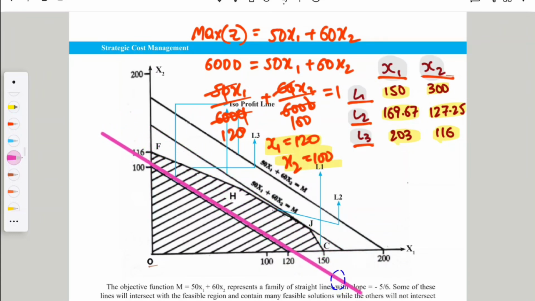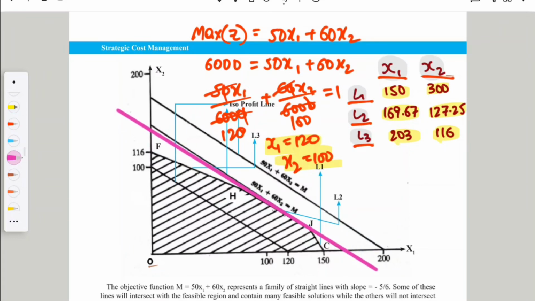So for this purpose I am moving it across the feasible region. The first thing that I am touching is point F. The next thing that I am touching is point C. The next thing that I am touching is point H. And the last I am touching point number J right here.